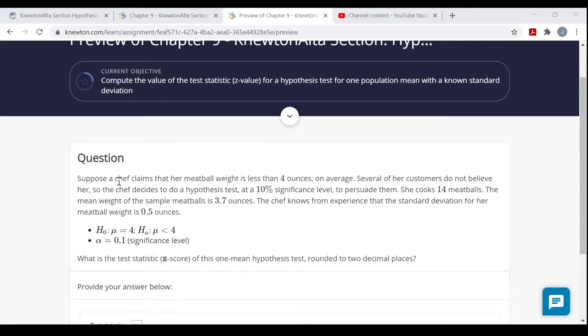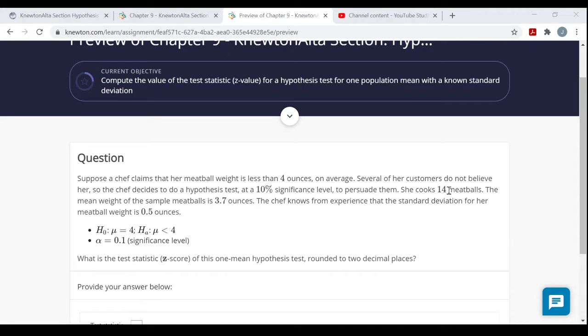Suppose a chef claims that her meatball weight is less than 4 ounces on average. Several of her customers do not believe her, so the chef decides to do a hypothesis test at a 10% significance level in order to persuade them.